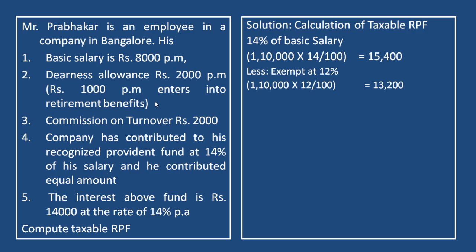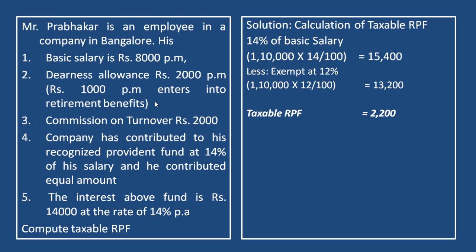So when we deduct, 15,400 minus 13,200 equals 2,200, the taxable portion of RPF. So we have to consider 2,200.